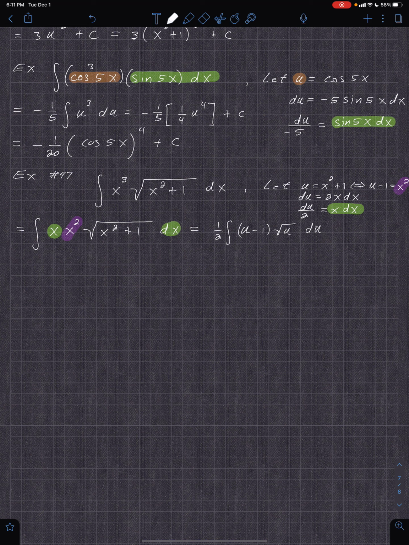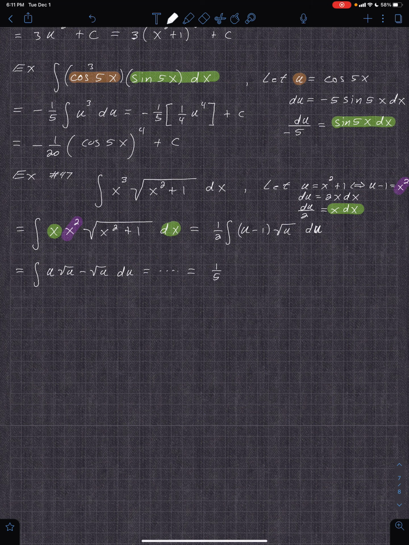Okay, so take a look at that, ponder that for a second. Then you distribute and you can just integrate. So you get the integral of u root u minus root u du, and then you continue to work it out.